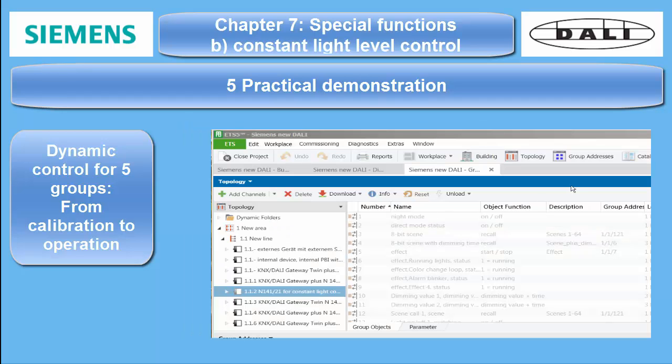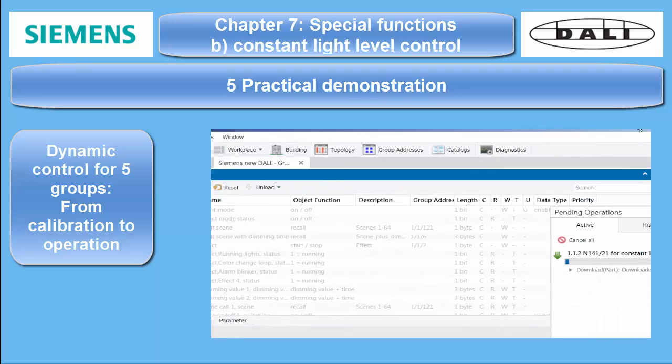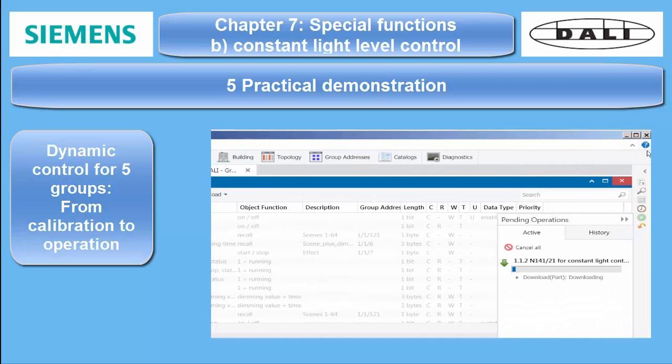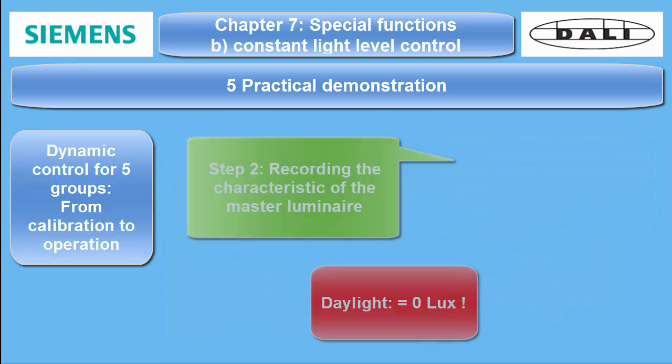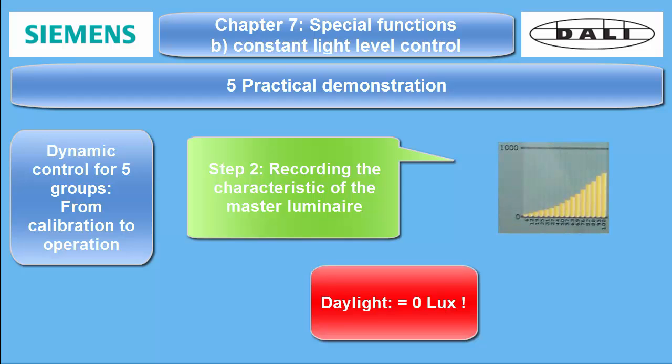I close the parameters and run a partial download. After the download, the feedback of the brightness sensor changes to 609 lux.